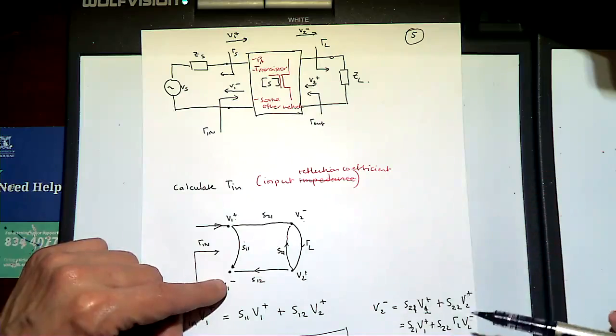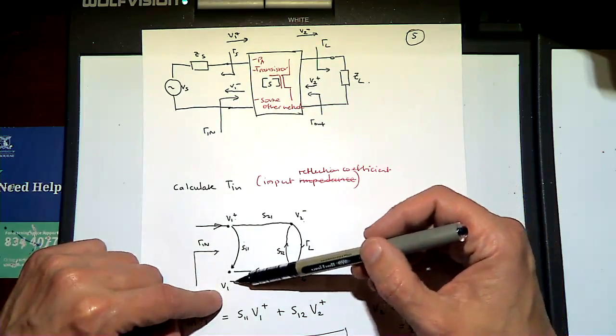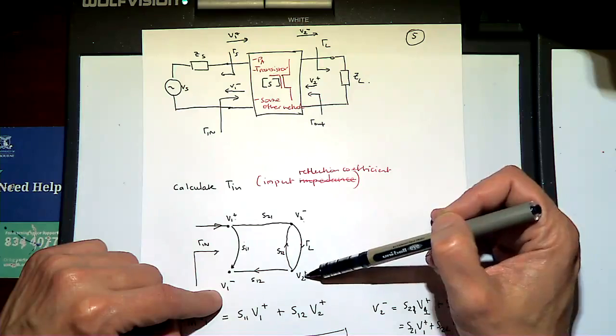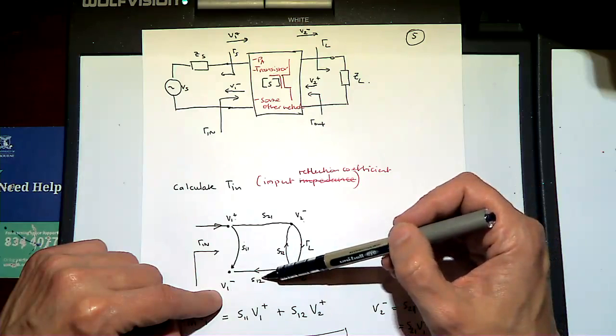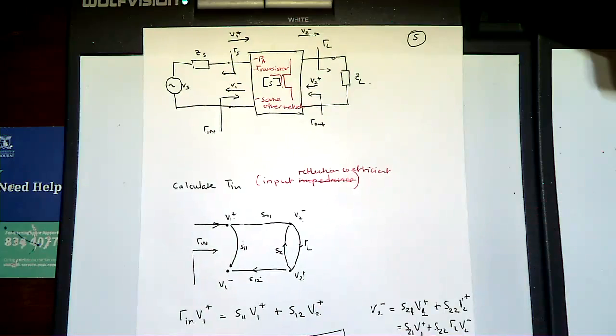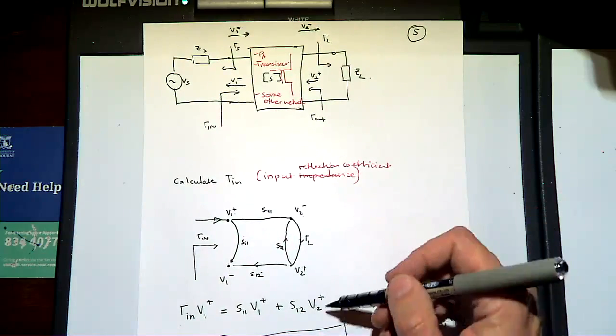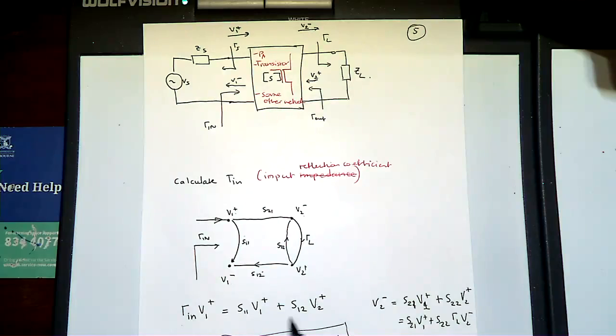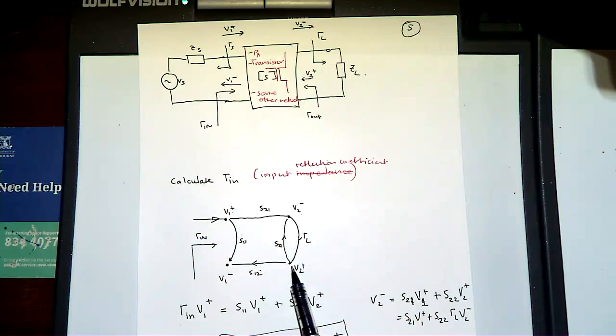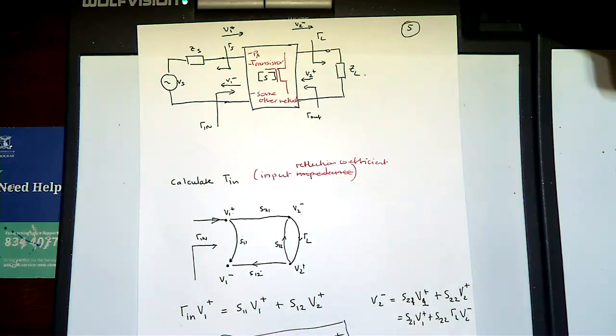And we also know that V1 minus is equal to V2 plus times S12. Great. But now we want to rewrite this. We want to get rid of this V2 plus. So let's look at this V2 plus and see if we can write it in terms of V1.